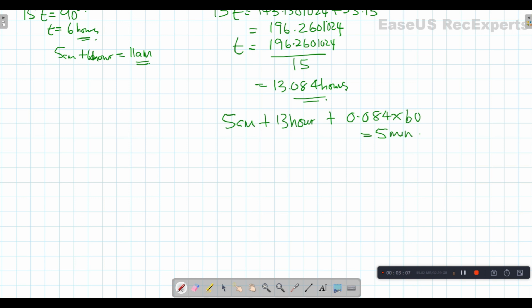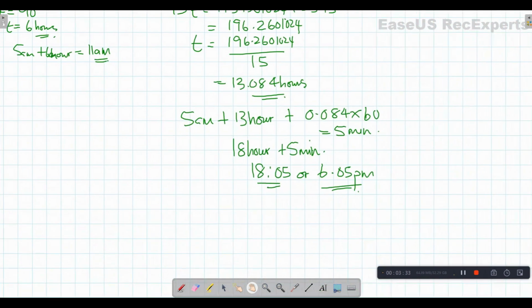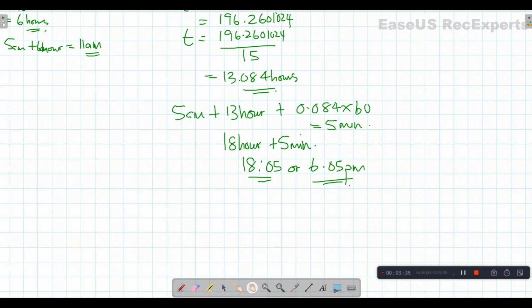So 5 a.m. plus 13 is 18 hours and 5 minutes, and if I write it in terms of time, it is 18:05 or 6:05 p.m. Okay, so the first time it is 20 degrees is at 11 a.m. and the second time it's 20 degrees again is at 6:05 p.m.